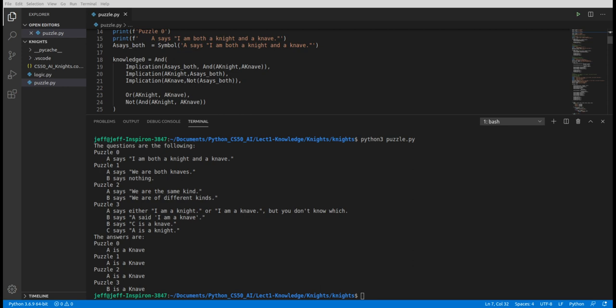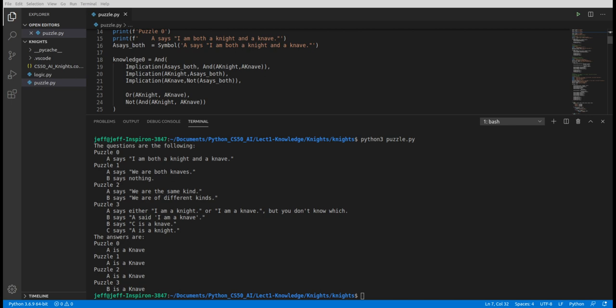So in this knowledge base, I have a symbol for that statement that A says, and I call it A says underline both. And then I have in the knowledge base some statements about that, implications, where the first one is A says both implies that A is both a knight and a knave.